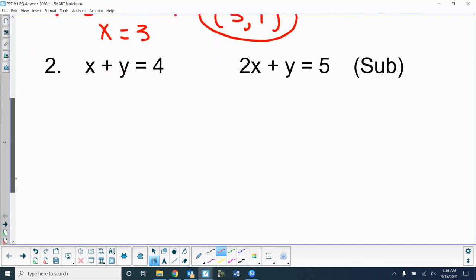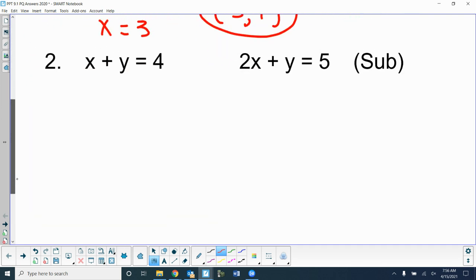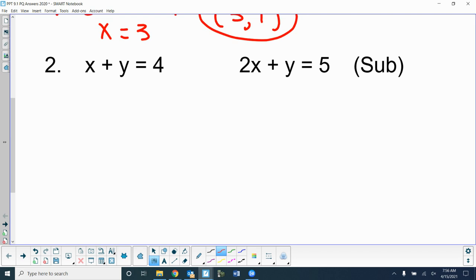Another substitution one. I would just subtract the x and get y by itself.